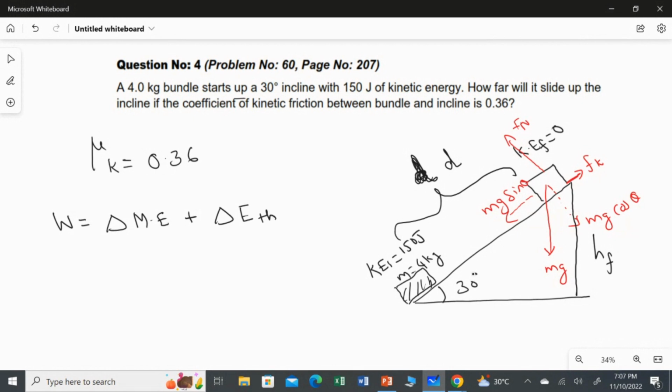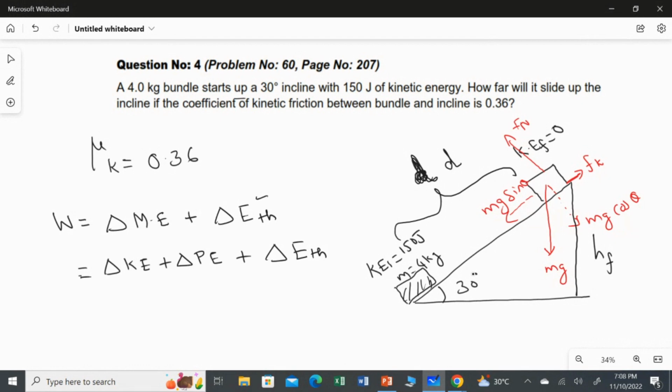And the change in mechanical energy is a combination of the kinetic energy initial and final. So you'll get change in kinetic energy plus change in potential energy plus change in thermal energy, right?